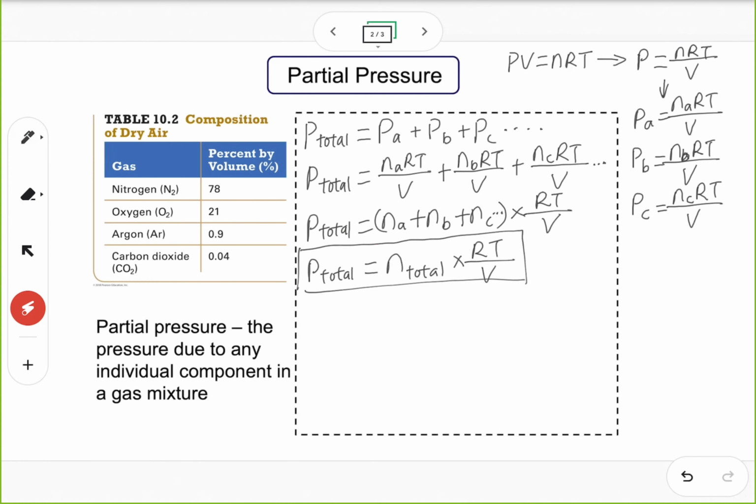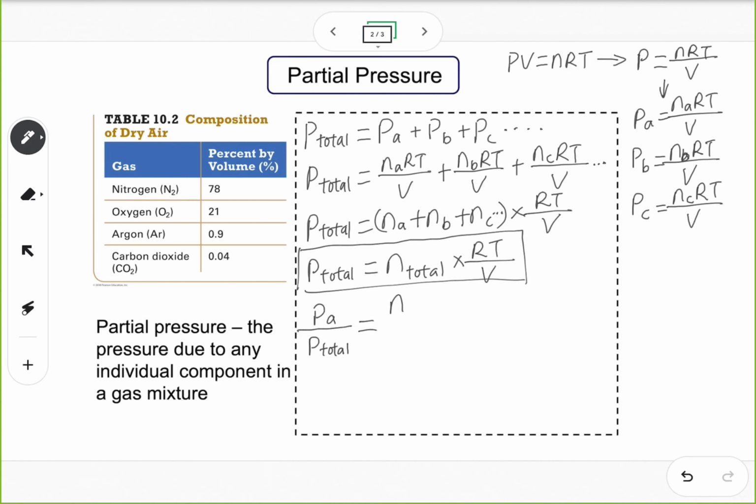So this is the first equation that we can get from this process. The second equation I want to do here is, we know that P total equals N total times RT over V. Now, if I do one more thing, PA divided by P total, let's see what will happen.